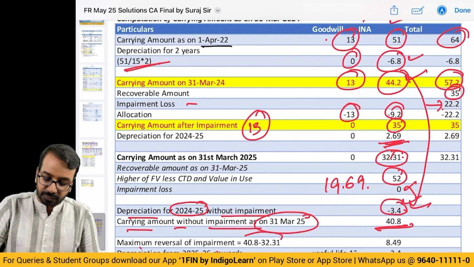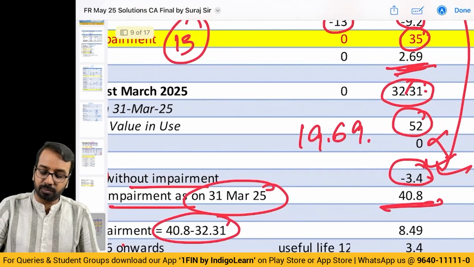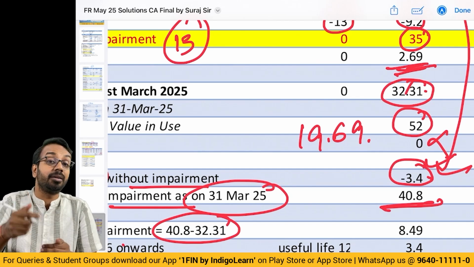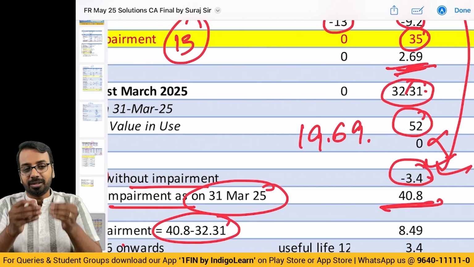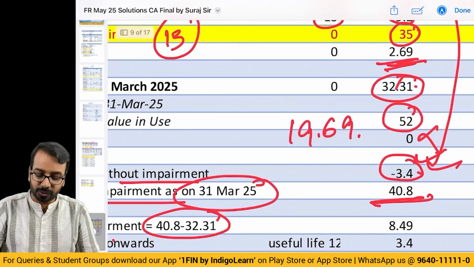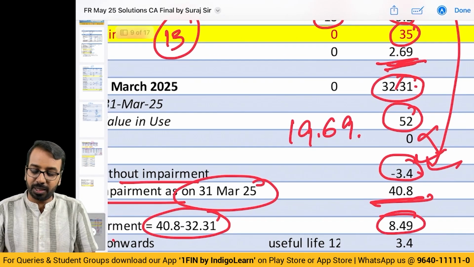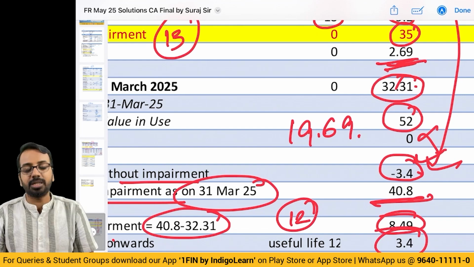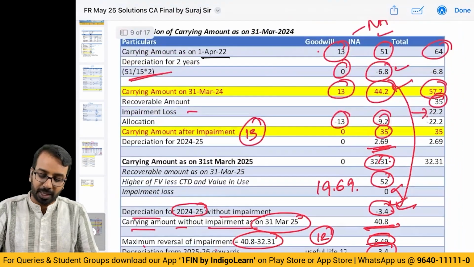Maximum reversal is 40.8 minus 32.31, because the carrying amount after reversal cannot exceed the carrying amount after charging depreciation, assuming there was no impairment. So the maximum reversal possible is 8.49. Now we have a useful life of 12 years, depreciation is 3.4. So that is how you have to answer.